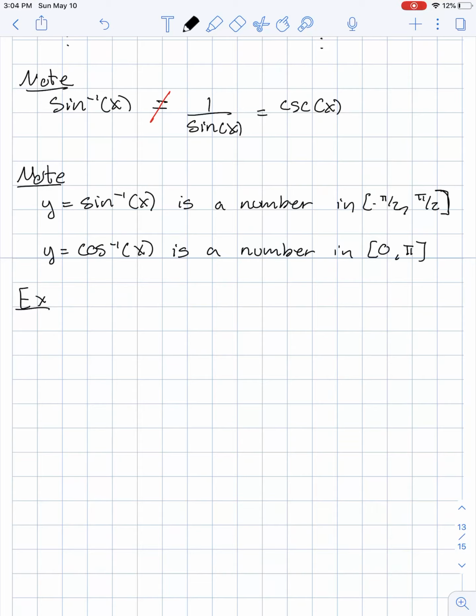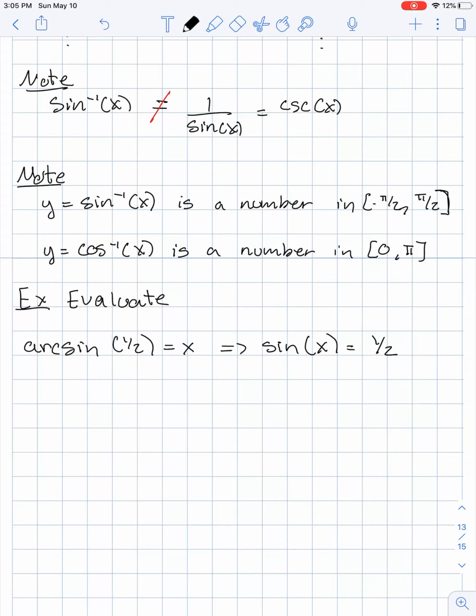So let's do a few examples to reiterate what I mean. If I ask you to evaluate arcsine of 1/2, well, this implies, so if arcsine of 1/2 equals some x, then sine of x equals 1/2.